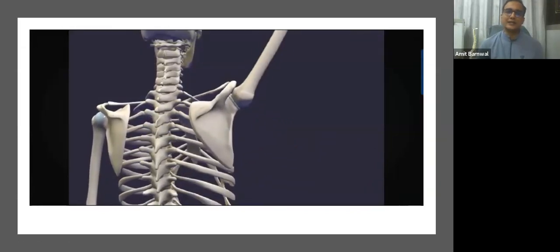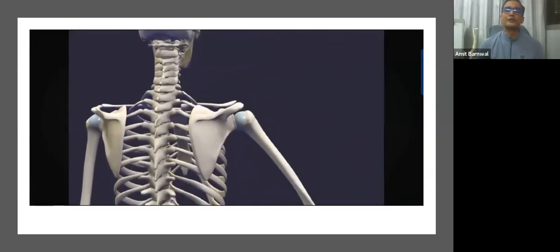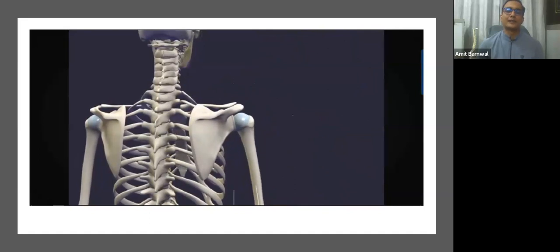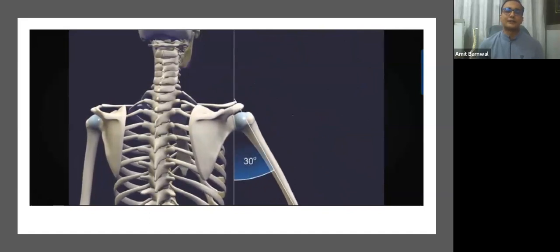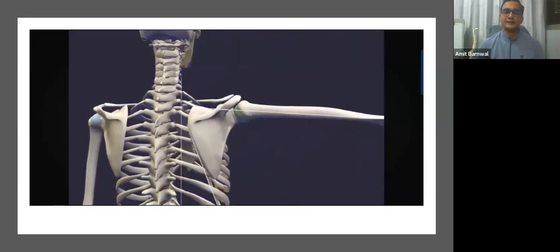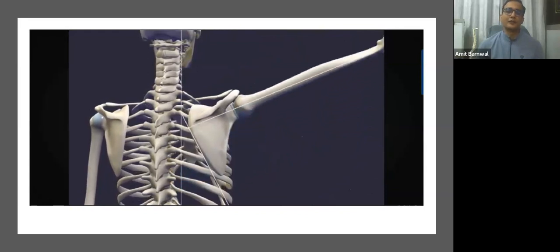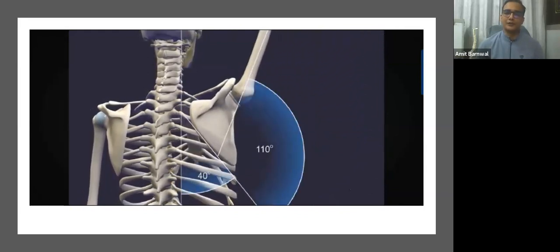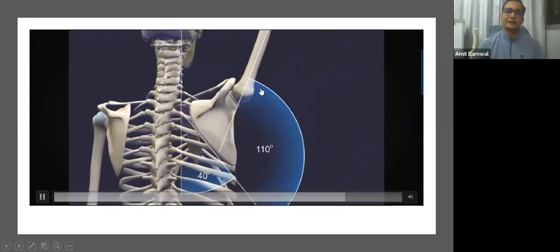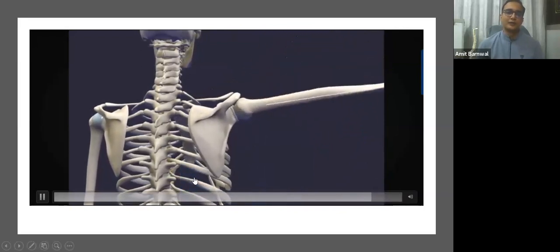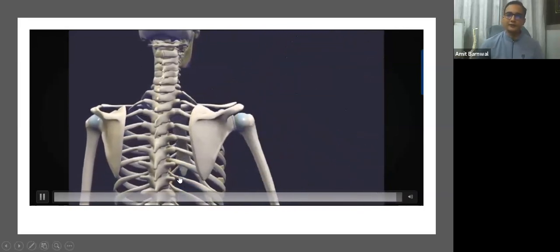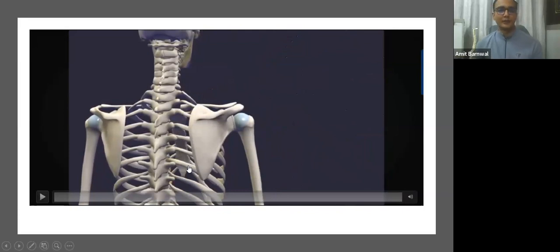As we see, in the initial 30 degrees of motion, there is no movement of the scapula. As it moves ahead, the scapula starts to move along with the humerus. For 50 to 60 degrees, we get 20 to 30 degrees of motion of the scapula. For 110 degrees of glenohumeral motion, we get around 40 to 50 degrees of motion in the scapulothoracic region.